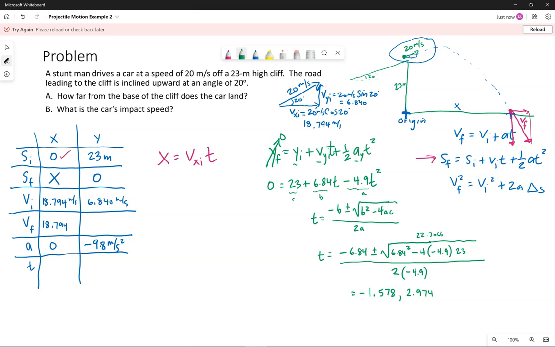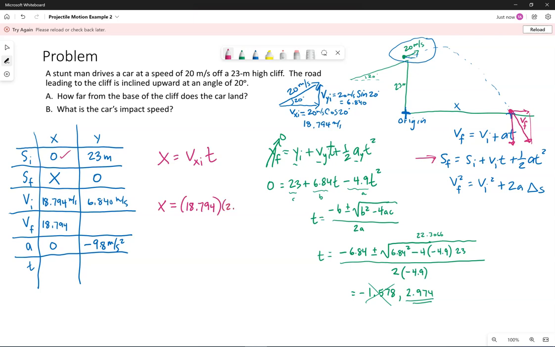One of our answers is positive, one is negative. Negative time does not make sense. It implies traveling back in time, which of course we're not doing. So the answer we want is this 2.974 seconds. We can come back now and find the car's impact speed. We know the velocity in the x direction specifically, 18.794.